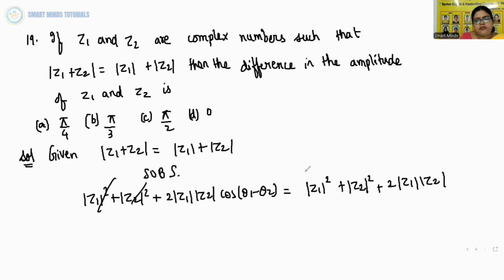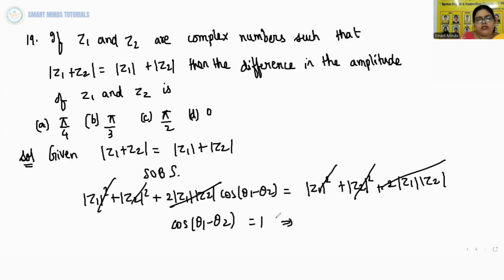So these two terms get cancelled on both sides, and 2 mod Z1 mod Z2 also gets cancelled. So you will get cos theta 1 minus theta 2 is equal to 1.